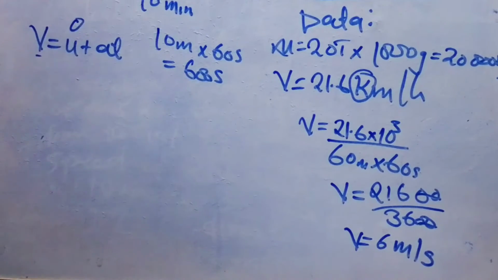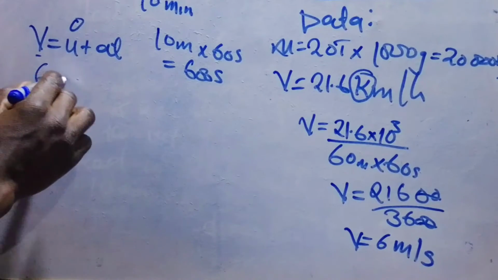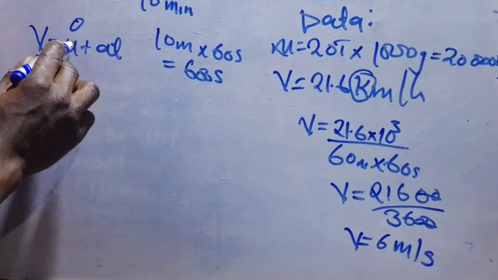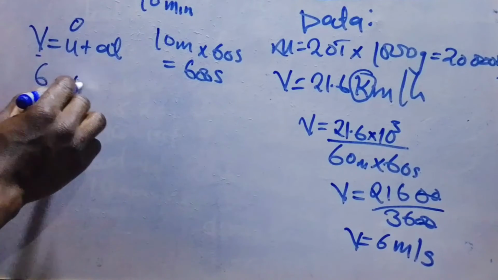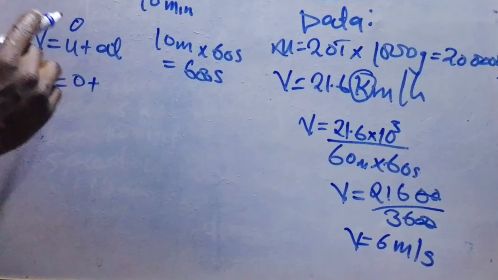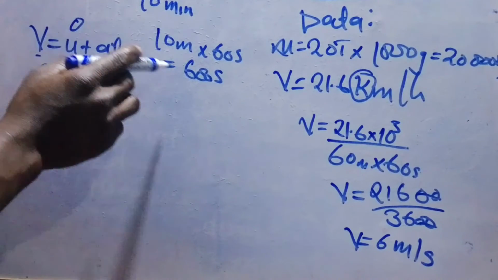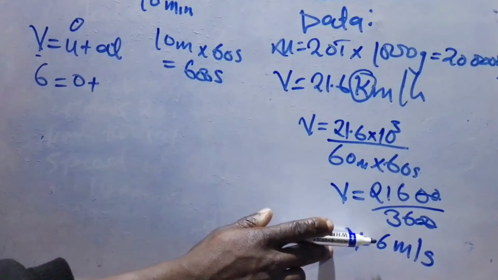and time is 600 seconds. So we are going to substitute, where this velocity we have 6, which should be equal to 0 here at rest, because that's when it started accelerating, from rest to this speed here.